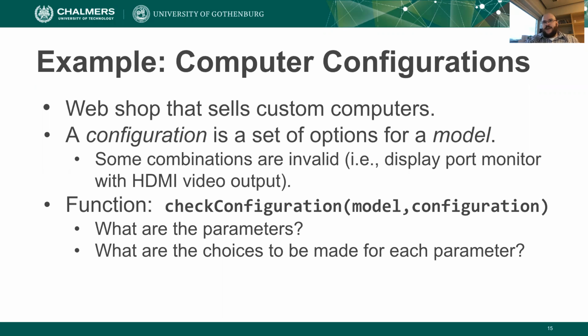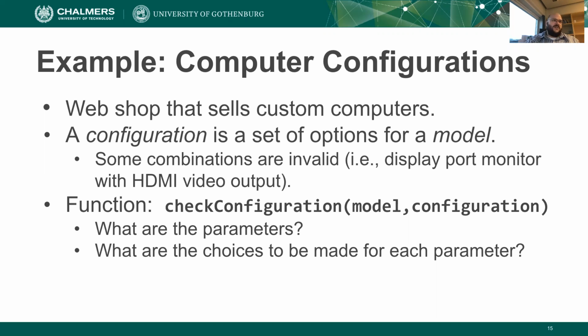And maybe there's a database of models and components that list the options available. Well, that's not a direct input to this function, but that's something that we can control the contents of when we test. And so it's important that we consider that as well. It's required for the code to function, and its contents impact the execution. So then, what can we control? What do we actually need to control when we're testing this? What are our choices?